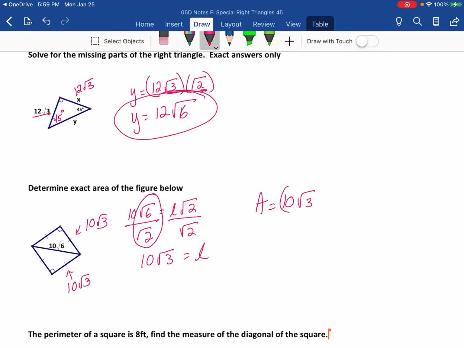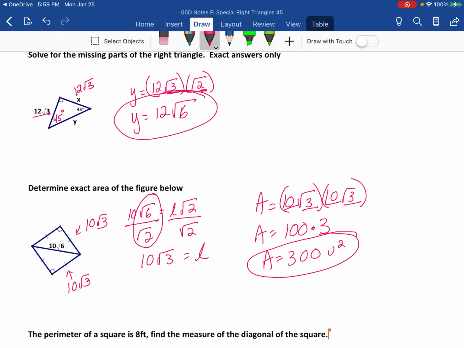My area is length times width, so it's going to be 10 radical 3 times 10 radical 3. 10 times 10 is 100. Radical 3 times radical 3 is just plain old 3. So my area is going to be 300 units squared.